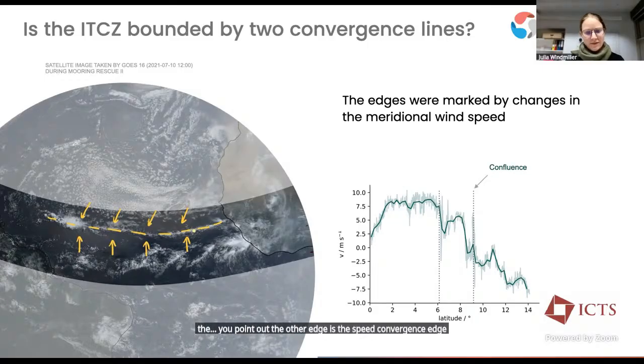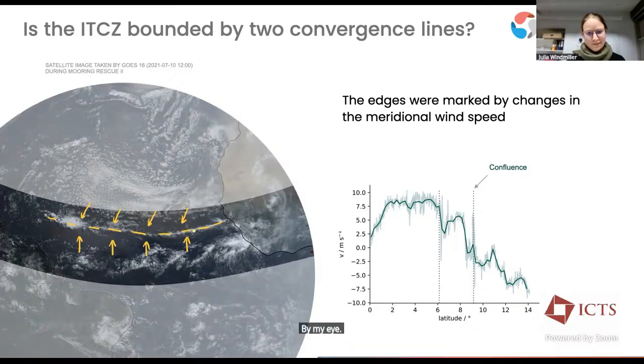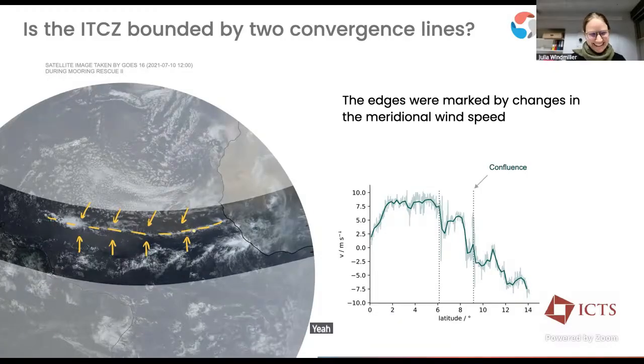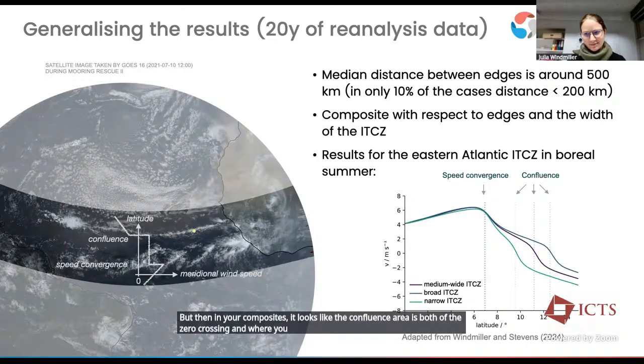So in this snapshot, you point out that the other edge is the speed convergence edge. And then you do these composites, but by my eye, the largest convergence is in the interior, centered on 8 degrees latitude. But in your composites, it looks like the confluence area is both the zero crossing and where you have a sharp gradient, a strong convergence.